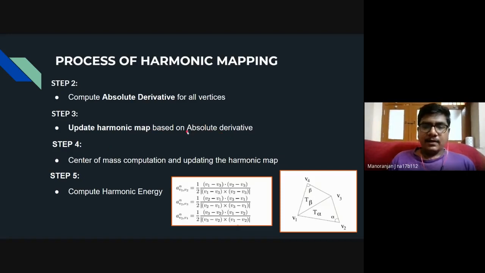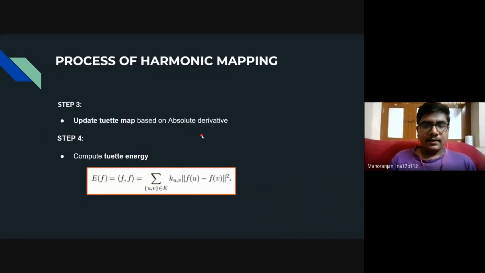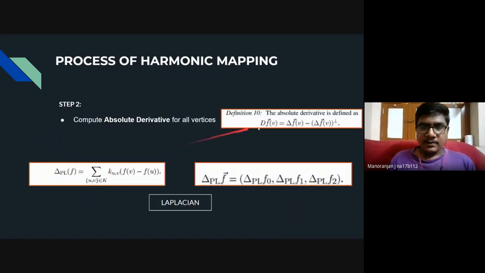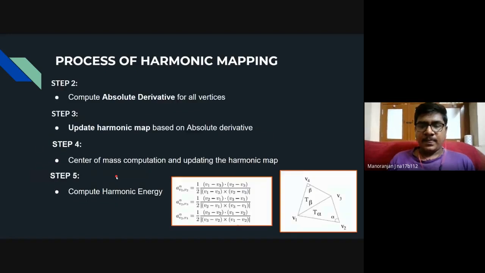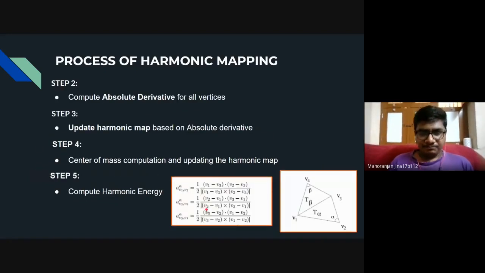When we are computing the absolute derivative here, similar to the previous formula for computing the Laplacian, in the absolute derivative we will be multiplying with KUV, right? This KUV will again be given by this particular formula that we have.